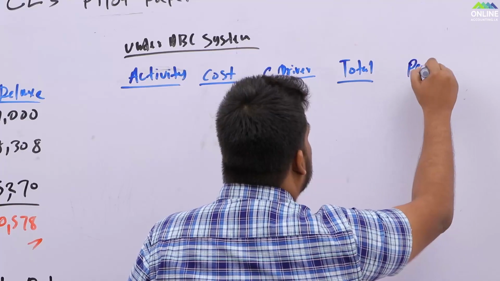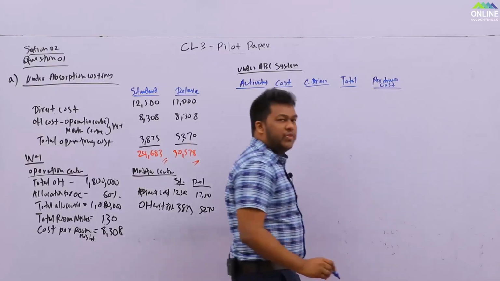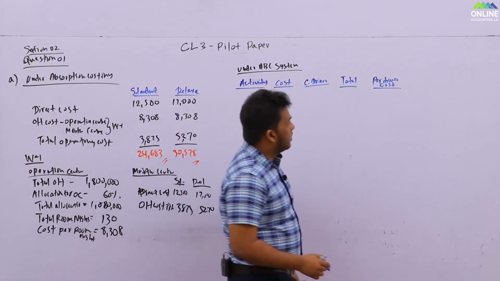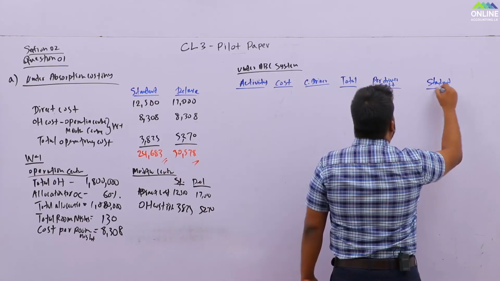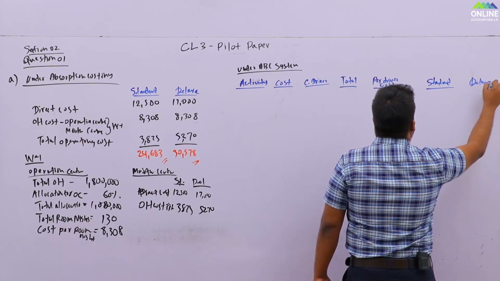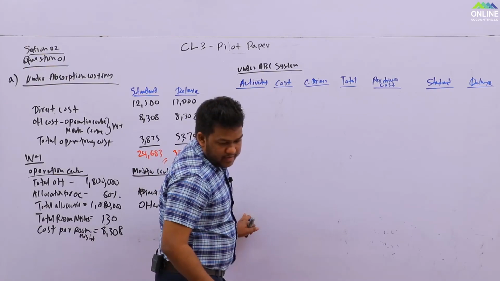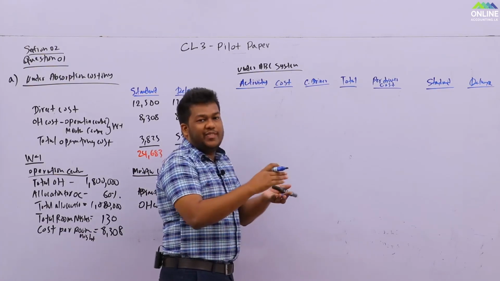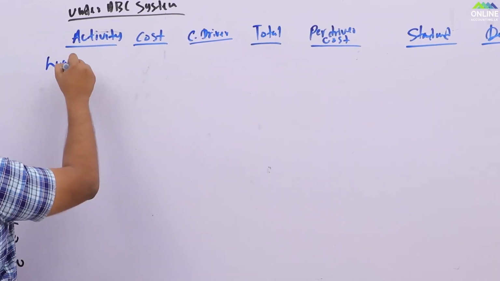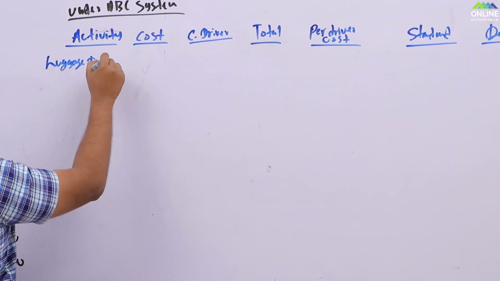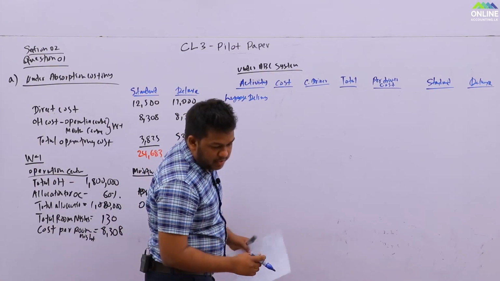It is better to have a schedule so it is very easy to do the calculation. Then how much for standard and how much for deluxe. The activities they have given in order, so it is very easy to do. Luggage delivery, then reception and billing.